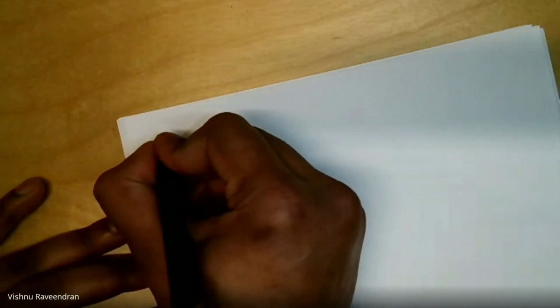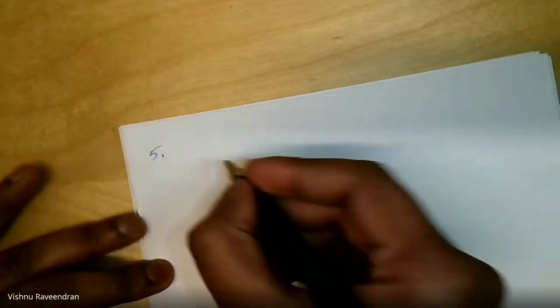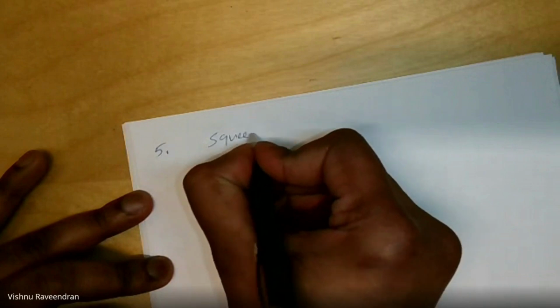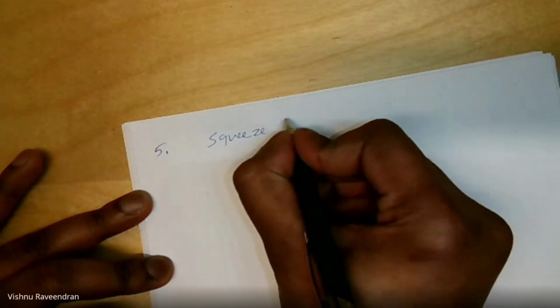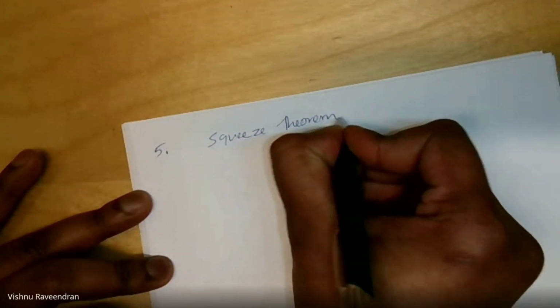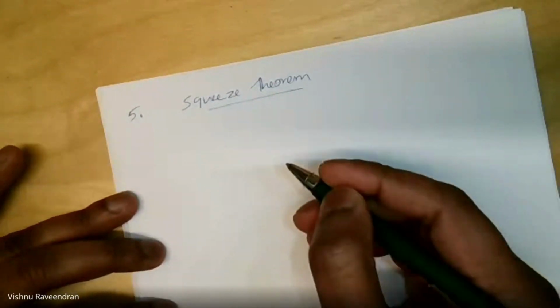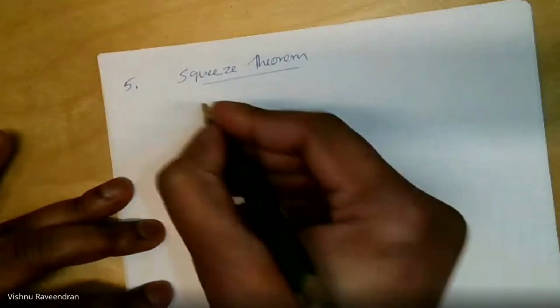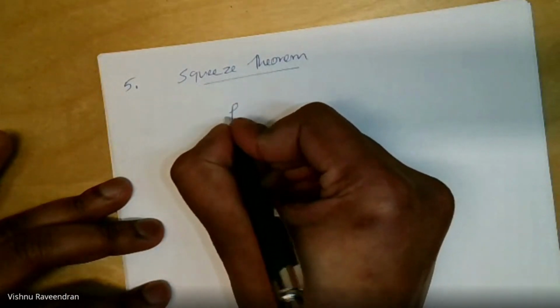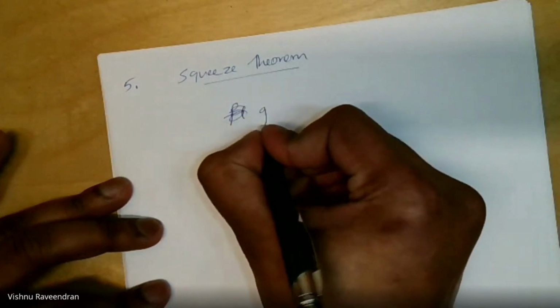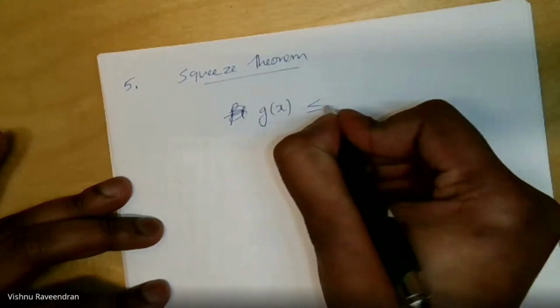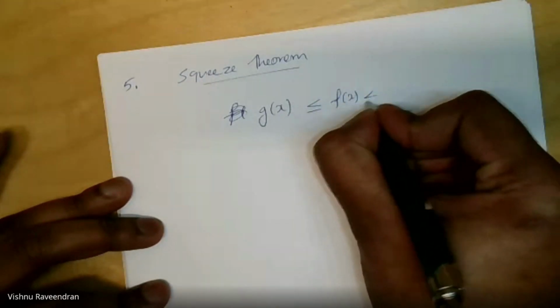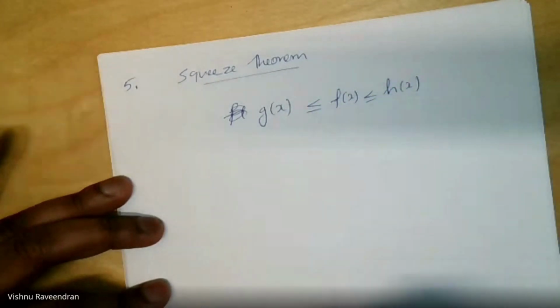Now we will discuss one more property, then we will move to the problems, which is the squeeze theorem. I'm not going to write the full statement, but the idea is that if you have three functions, say g of x less than or equal to f of x less than or equal to h of x.